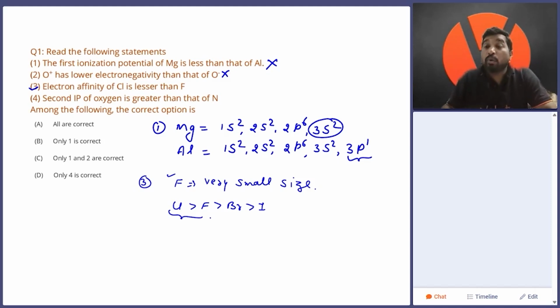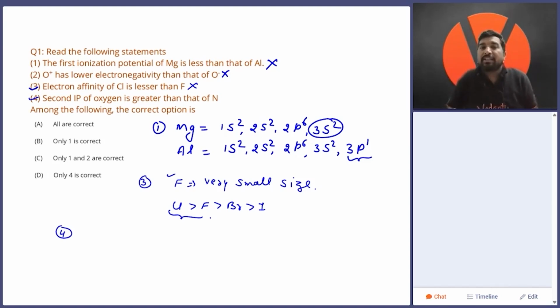So chlorine has more electron affinity as compared to fluorine. The statement says electron affinity of Cl is lesser than fluorine. No, this is a wrong statement. This is also wrong.